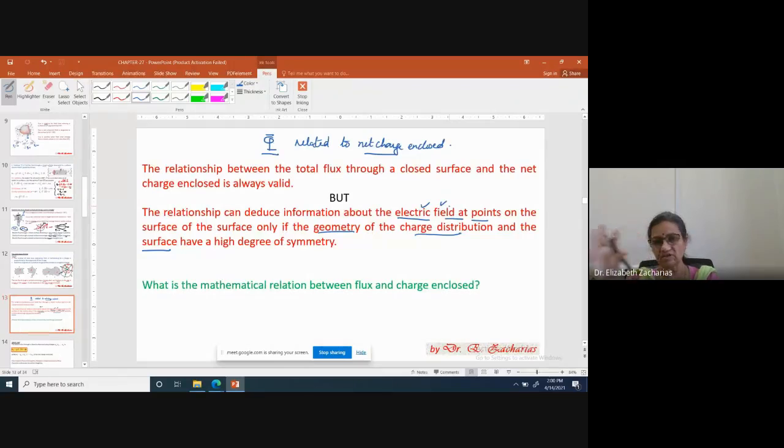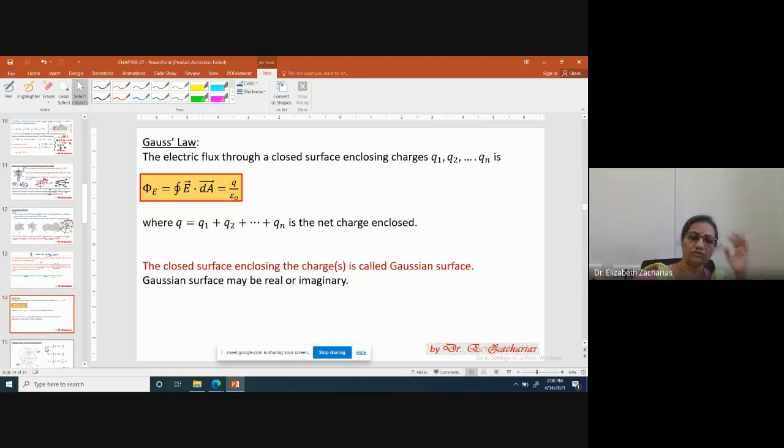If these three things are matching, then you can use this relationship and evaluate the electric field at some point. Next we are going to see this mathematical relationship between flux and charge enclosed. That's going to be called your Gauss law.